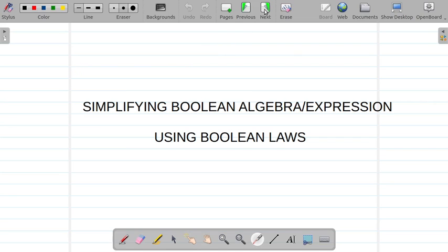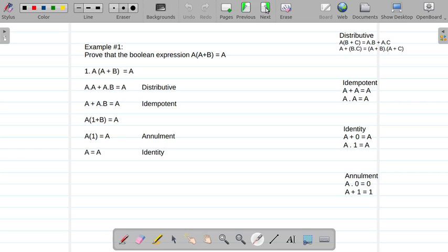Next. So, simplifying a Boolean algebra expression using Boolean laws. We will apply those laws in simplifying Boolean expressions.